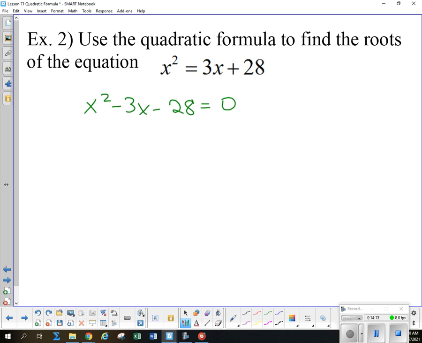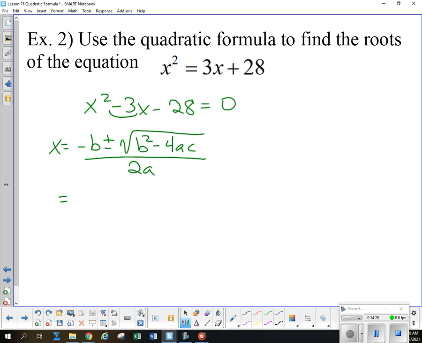Now quadratic formula, x equals opposite of b plus or minus the square root of b squared minus 4ac all over 2a. b is negative 3. I need the opposite of b, so I need positive 3.